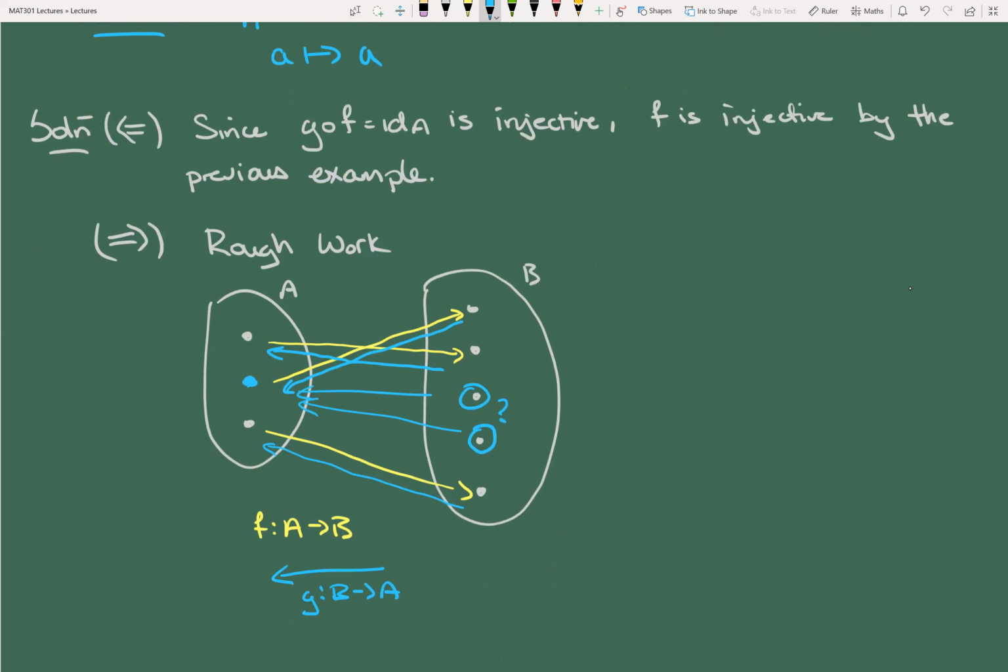If I follow a yellow arrow and then follow a blue arrow, I always end up where I started, because I never see those two things. There's nothing which points to those circled things on the right-hand side. So there's absolutely no way their definition could possibly affect the left invertibility of F, right?